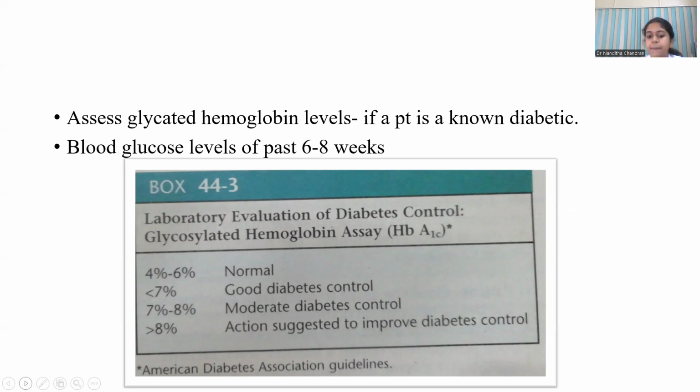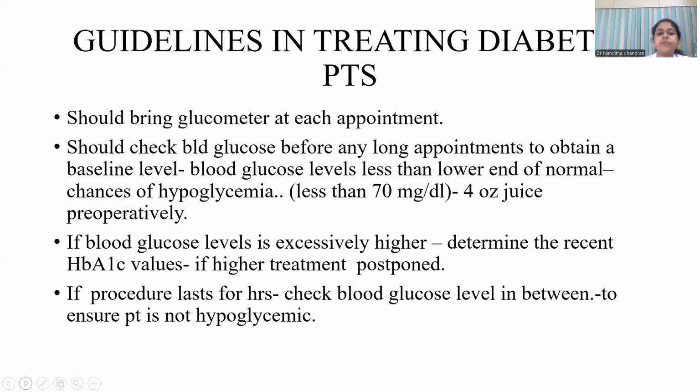More than 8 means the patient has to take measures to improve their diabetic level as per American Diabetes Association guidelines. So this test is always done in a known diabetic patient to check blood glucose control over the past 6 to 8 weeks.